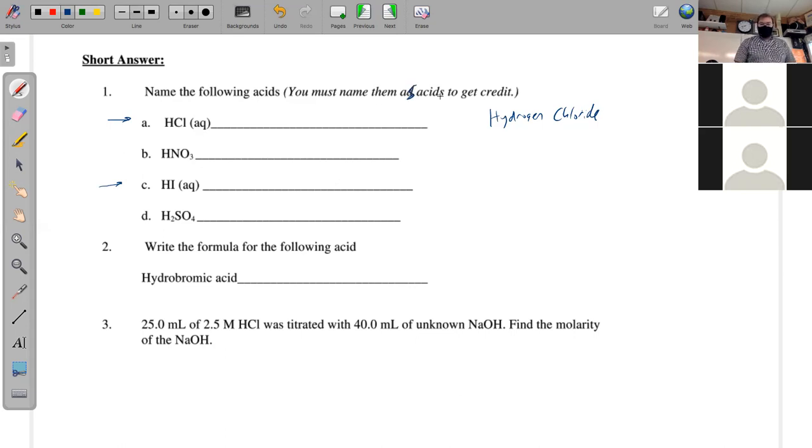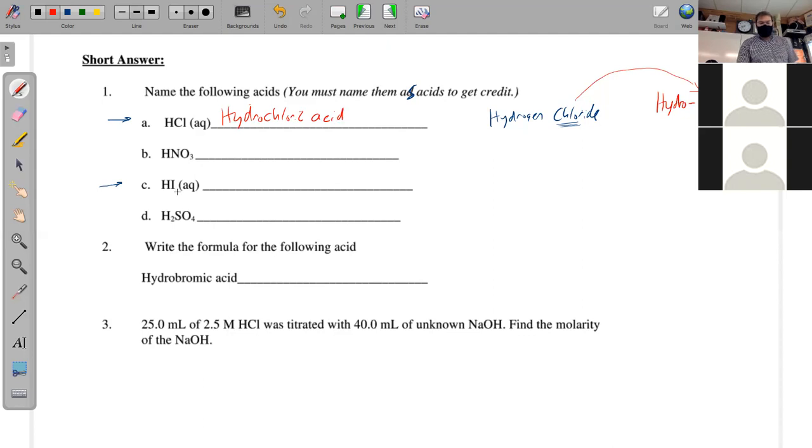this should say name them as acids. As an acid, what you've got to look at is the chlor, and then for binary acids, it's always the formula hydro, and then something, ic, acid. And what goes in that space is the root of the name of the element. So HCl is hydrochloric acid.